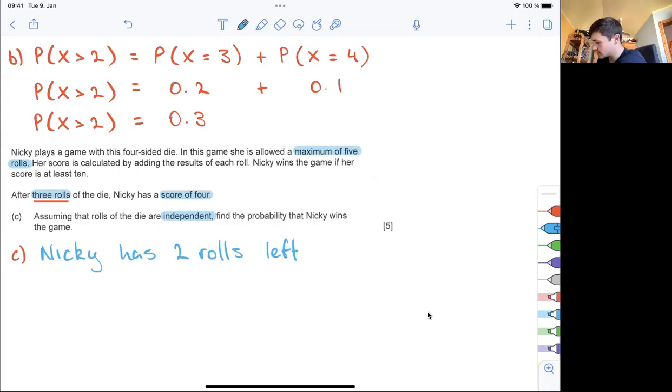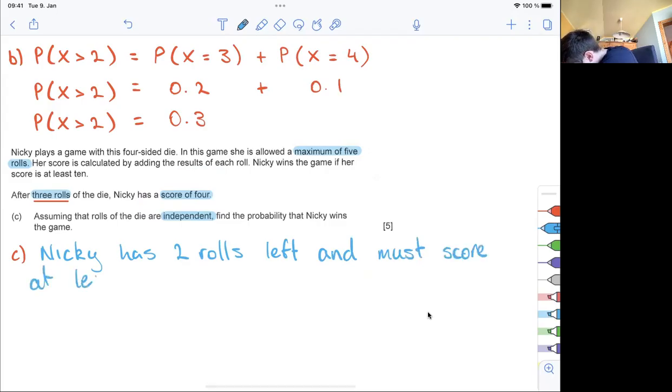And if she's already got a score of 4, that means she must score at least 6 in these 2 rolls. So she has 2 rolls left and must score at least 6 to win.